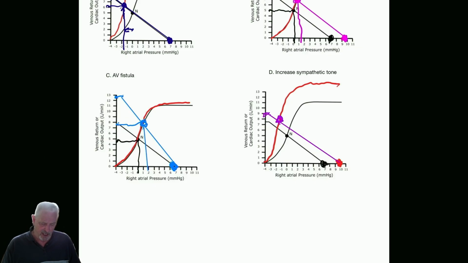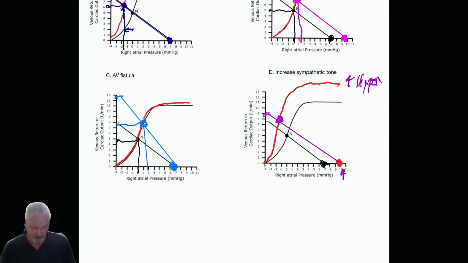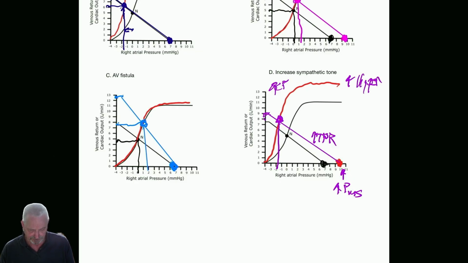When we increased mean systemic filling pressure, we made a hyper-effective heart. And when we increased total peripheral resistance, the net result mostly is from the increase in mean systemic filling pressure and the increase in cardiac function, and our new intersection point is here.